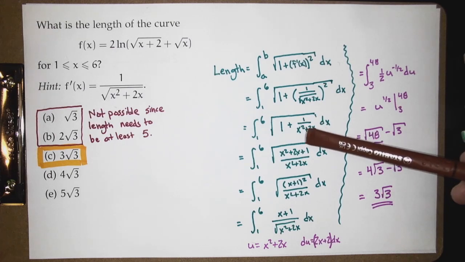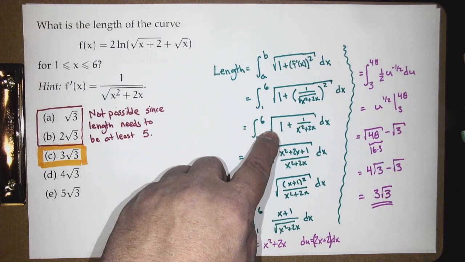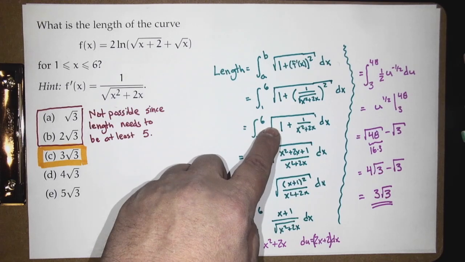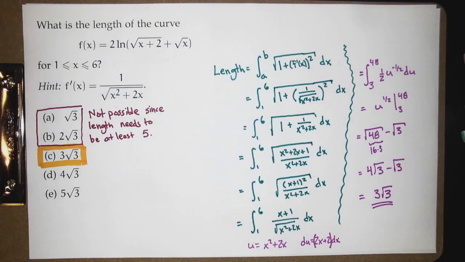So upstairs, you get x squared plus 2x plus 1, because the first one here becomes x squared plus 2x over x squared plus 2x. And now it's like, whoa, x squared plus 2x plus 1, that's a square. And when we're dealing with problems with square roots, we're sort of in the mindset, look for squares. And so there we are. It's x plus 1 squared, which becomes x plus 1, outside of a square root.